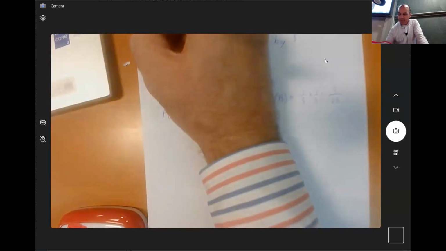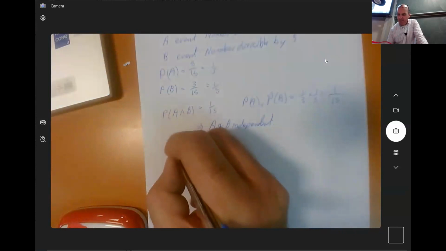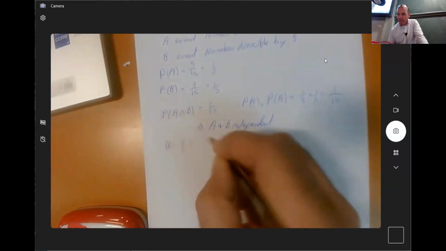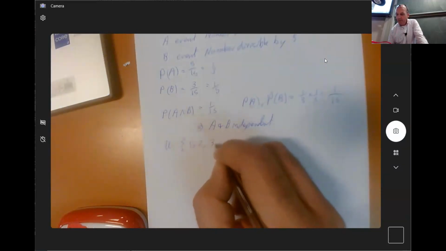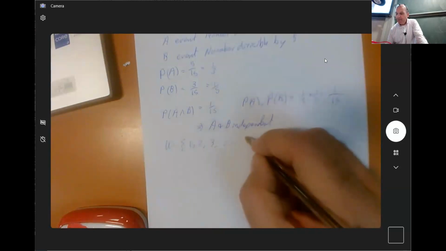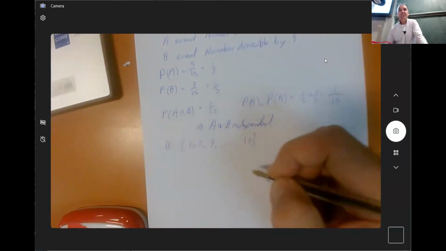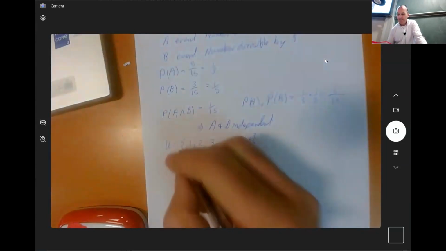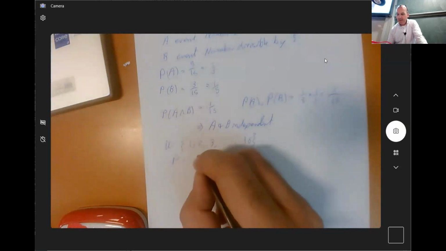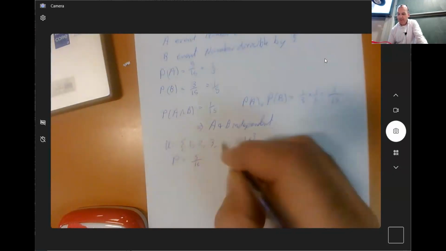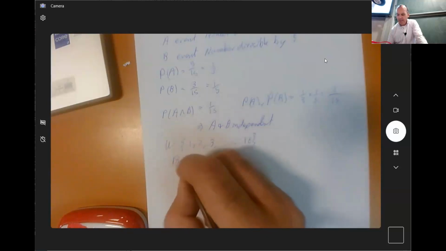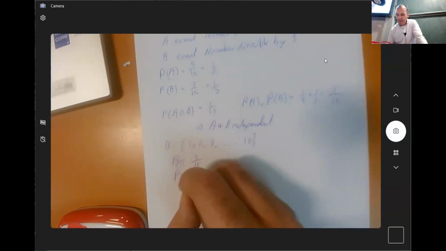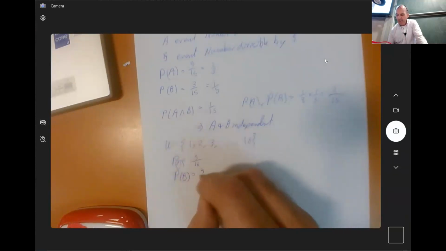All right. If I change my set U to 1, 2, 3, and I'm going to stop at 16, and do this bit again, the probability of A is now just going to be 5 on 16. Probability of B would be 3 on 16.